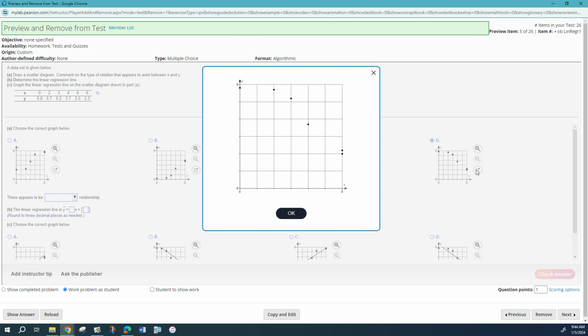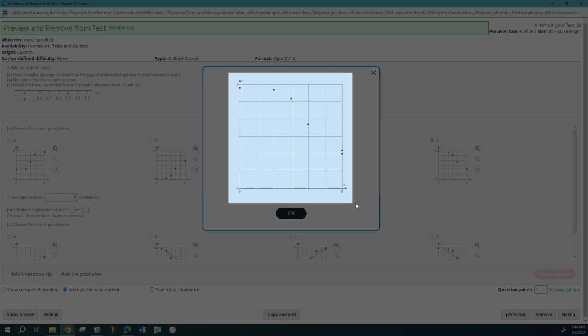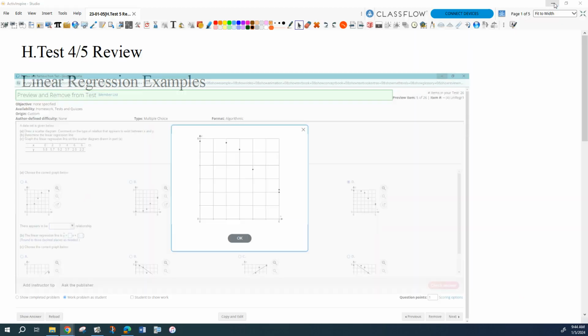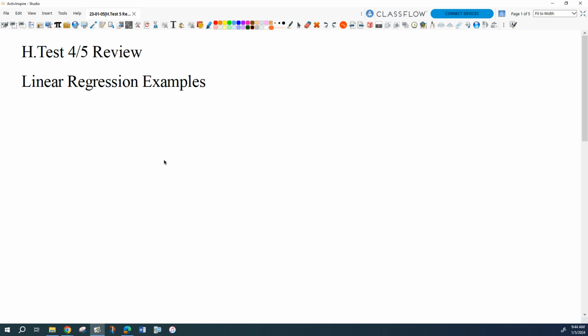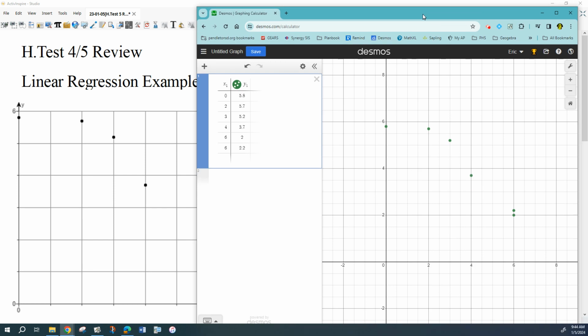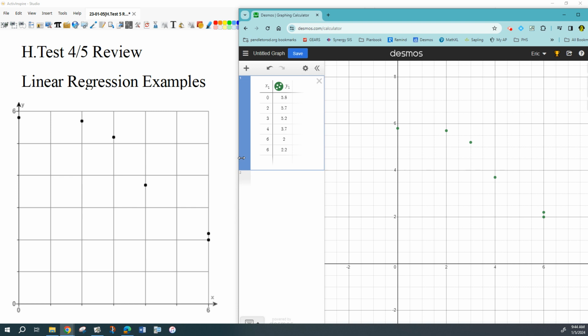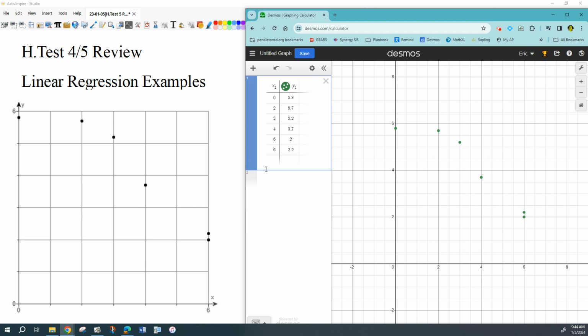Isn't that the one that matches? Pretty darn close. Of all the choices, that's the obvious choice. So really, you're just using the technology to create a scatter plot, verifying that you can make a scatter plot. So that's no big deal.